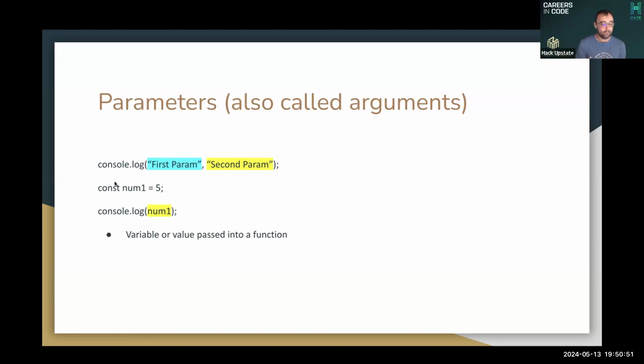We'll see that in a second. Parameters can also be numbers so that we can pass that in. Console.log just happens to be the only function that we have seen so far. So, any questions about parameters? We've already used them, so I don't think we need to practice typing them out. We'll see more about that in a second.